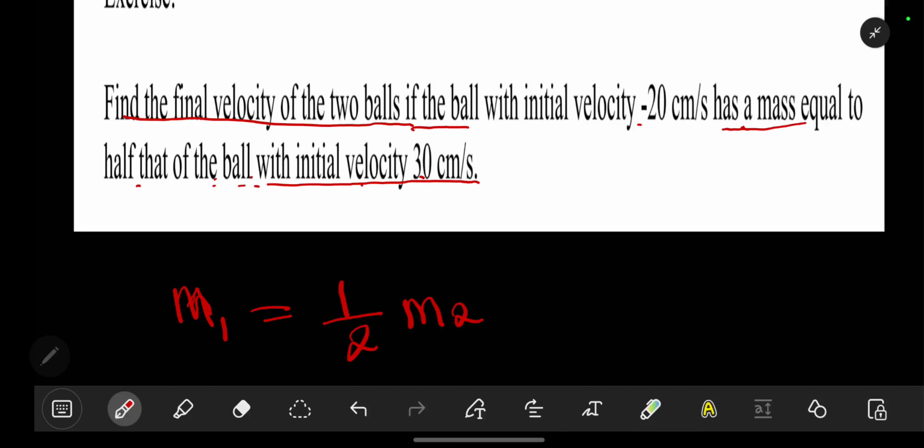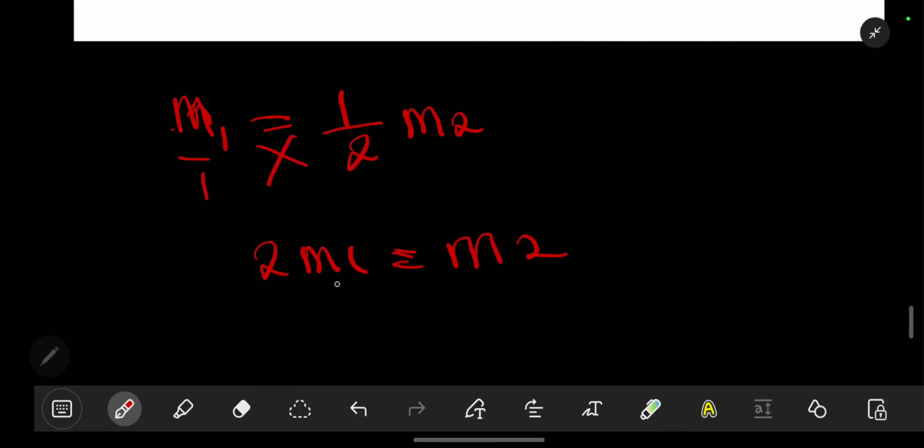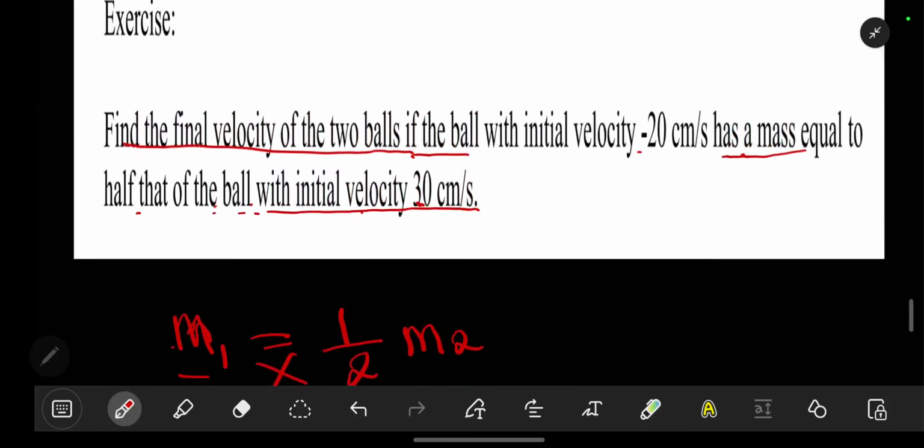Mass number 2 is the one moving at 30, so mass number 1 is half this mass. You can cross multiply: 2 times m1 should be equal to m2, to make it easier. So m2 is equal to 2m1, like that.